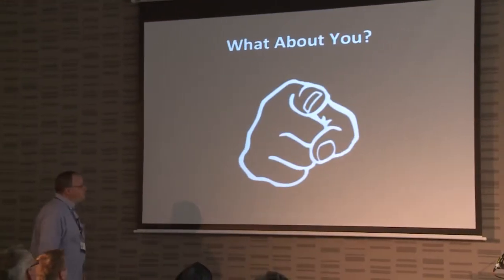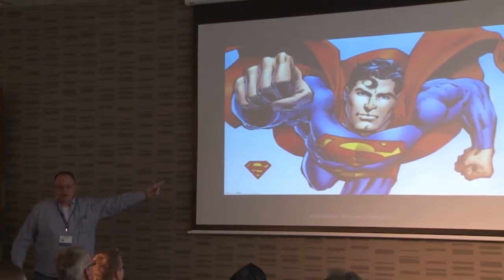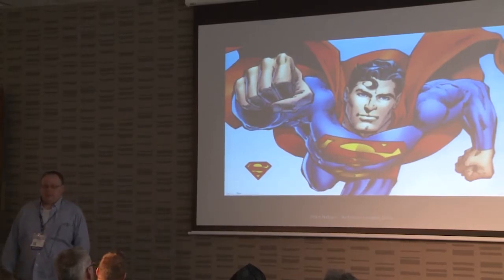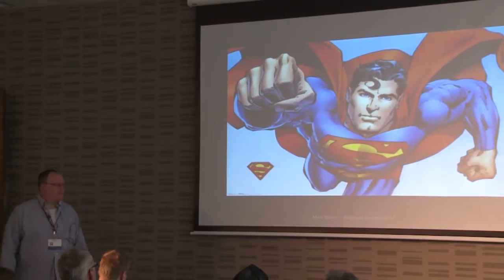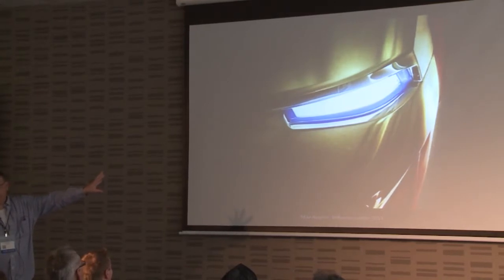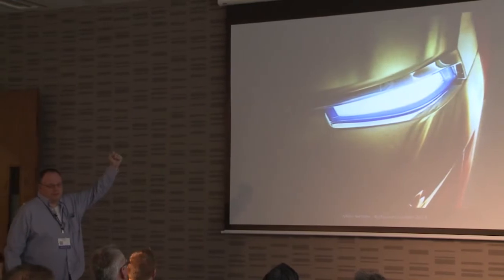What about you? They want you to be Superman. Well, that's from America. I actually Googled the British superheroes, and for some reason they came up with this, our version of Superman today. Anybody know who that is? That's Iron Man. Yeah, that's our Superman today.